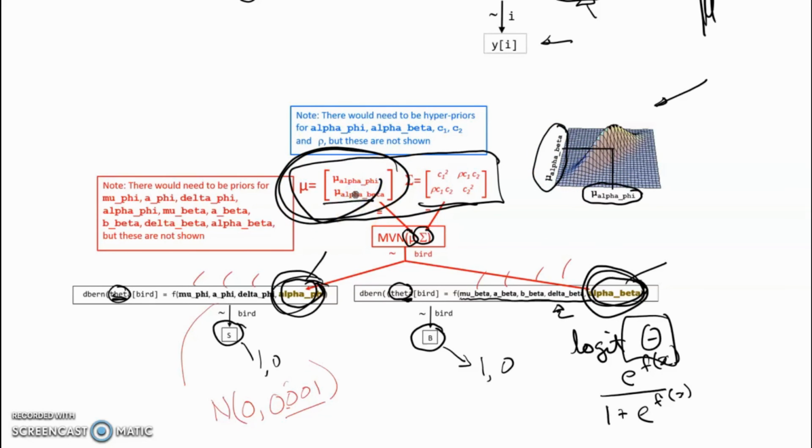That's captured by this vector. And then the association between the two is captured by this vector. And of course, we're going to have to specify our hyperpriors for these parameters. So we're going to need hyperpriors for alpha phi and alpha beta, also for the standard deviation of breeding, the standard deviation for survival, and most importantly of all, as you saw in the previous illustration, what we're really concerned with is rho, the correlation between breeding ability and survival ability.